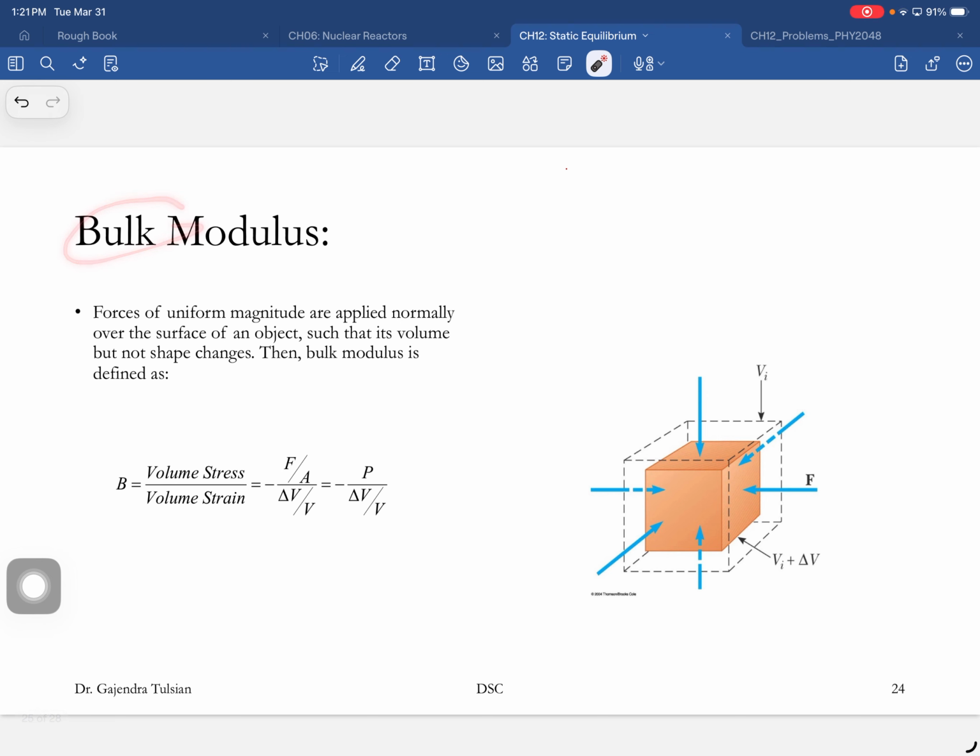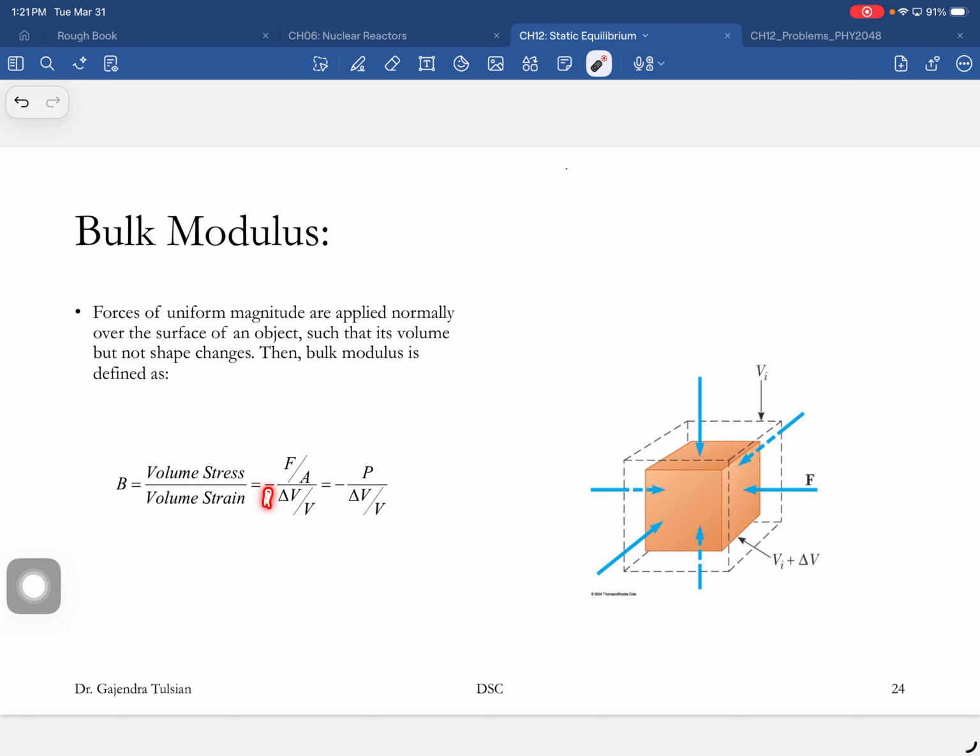Bulk modulus. Here's this force you apply perpendicular to the face, and the volume of this object decreases. So bulk modulus is volume stress over volume strain. The stress is force divided by area, and the strain is the change in volume divided by the original volume.